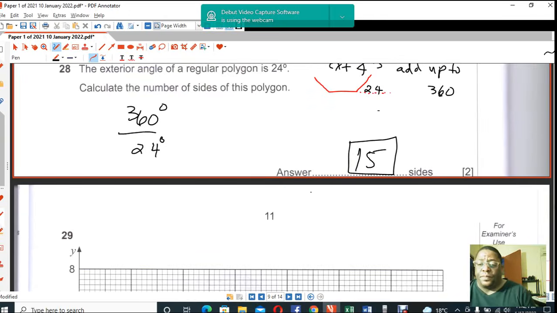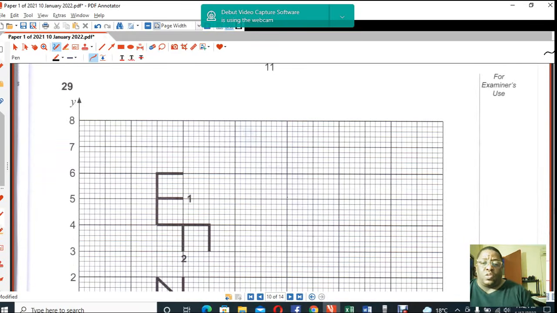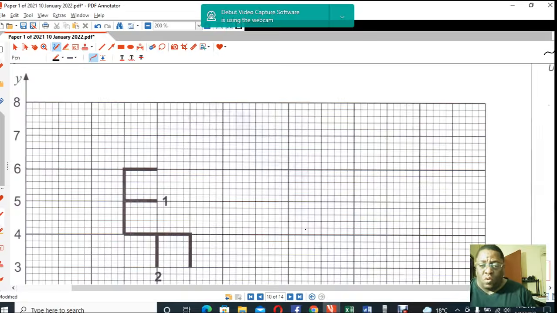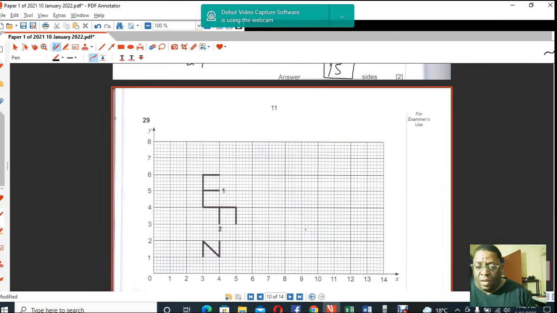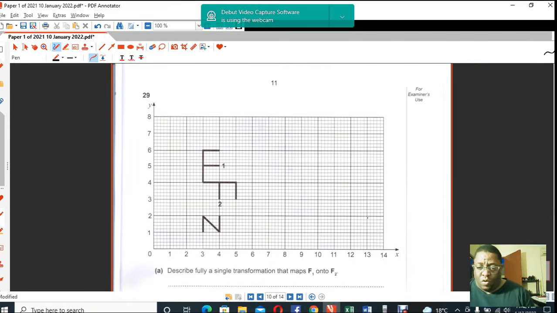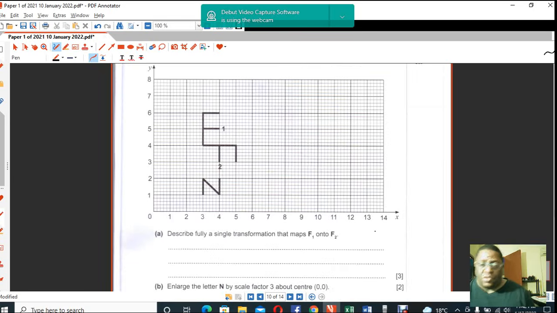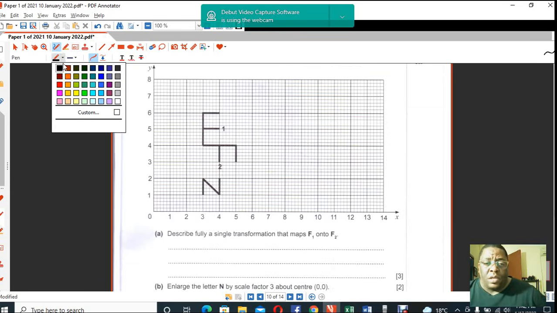Right, question 29, a little bit on transformation. So here I perhaps have to also make this a bit smaller. They say for 3 marks you're supposed to describe the single transformation that maps, make this perhaps a little bit thicker.